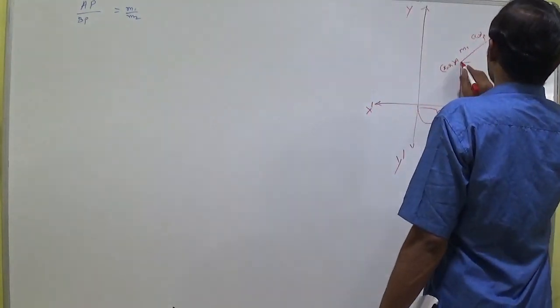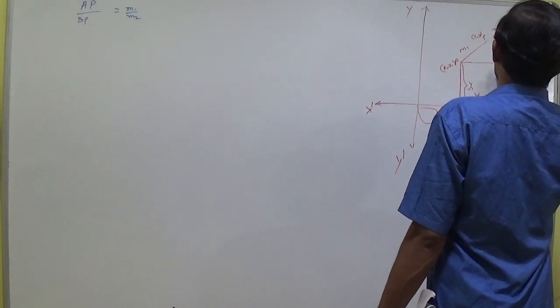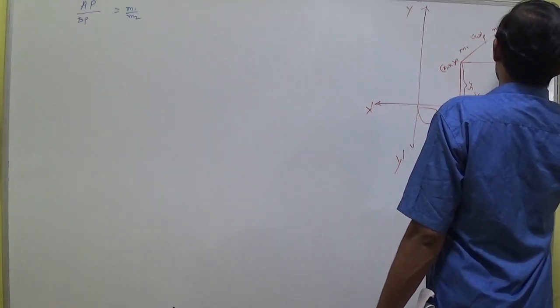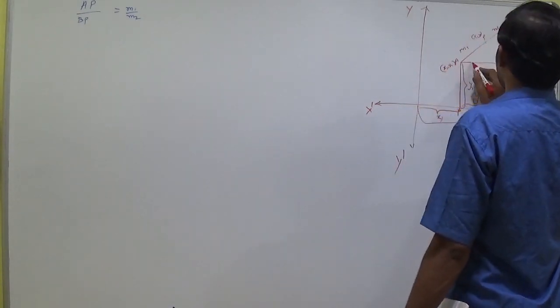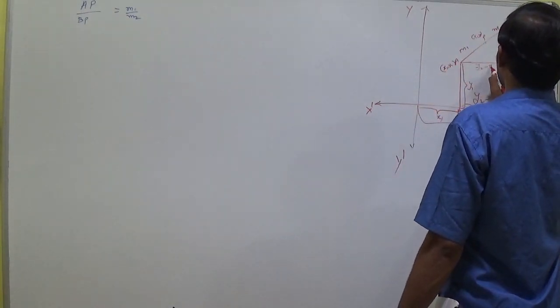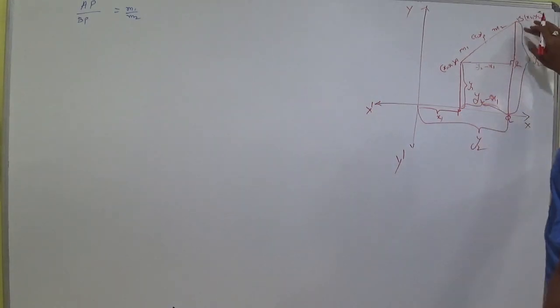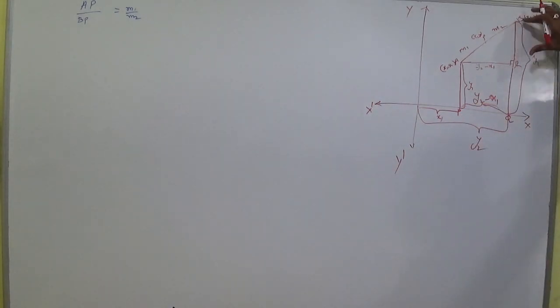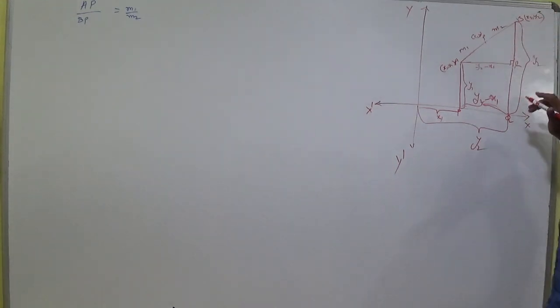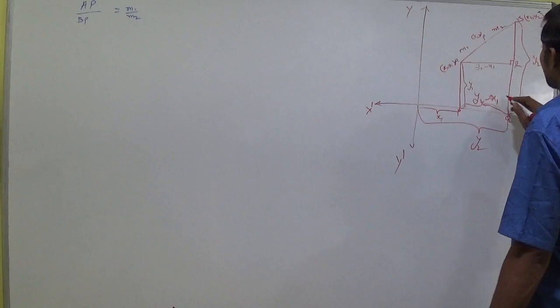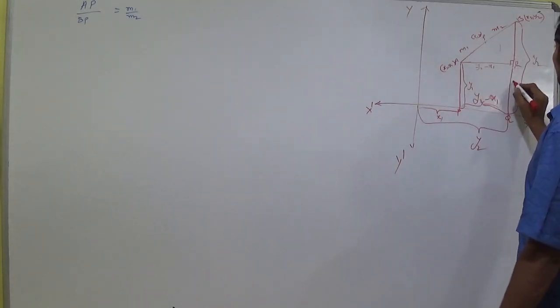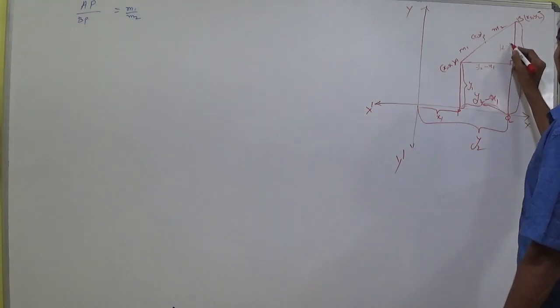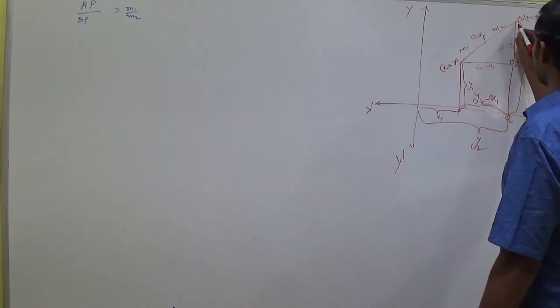Automatically this is a rectangle, which becomes x2 minus x1. The length of BR is y2 minus y1. Clear?